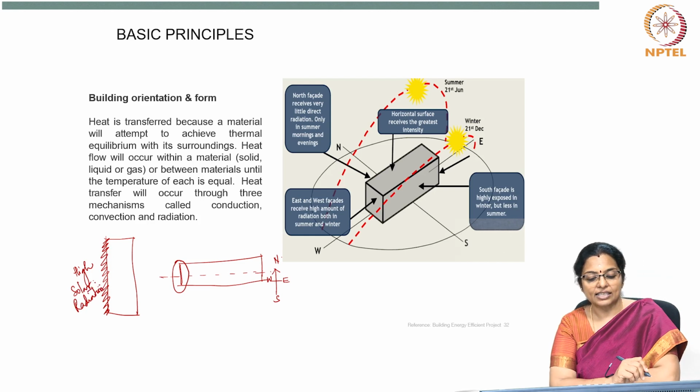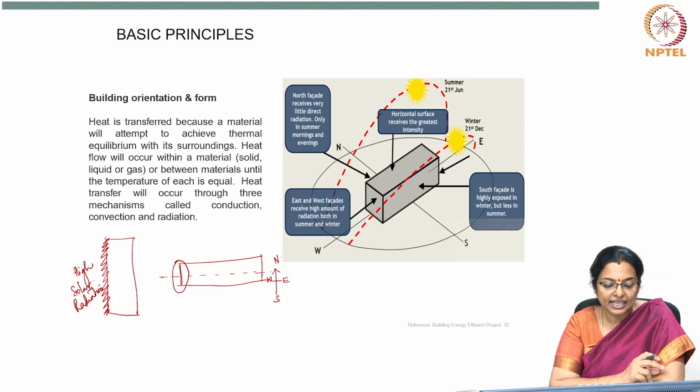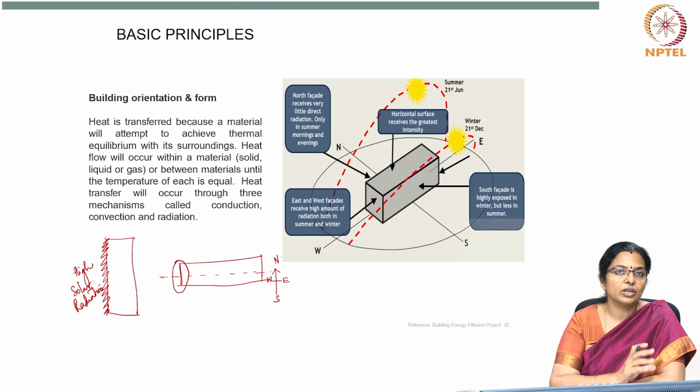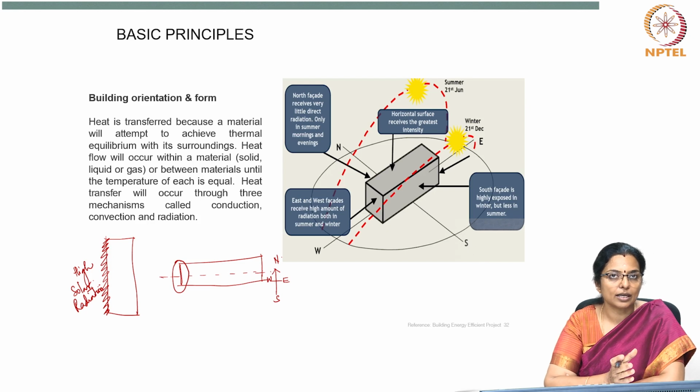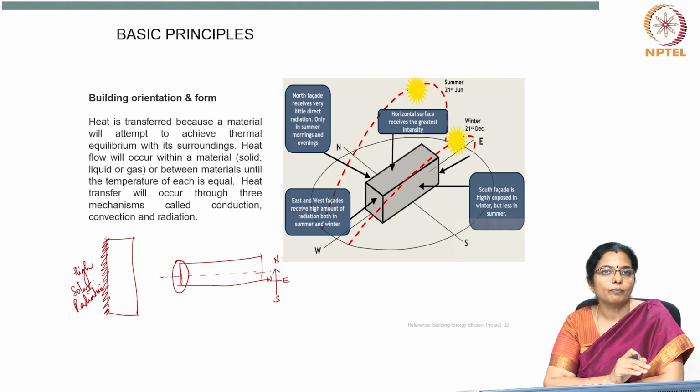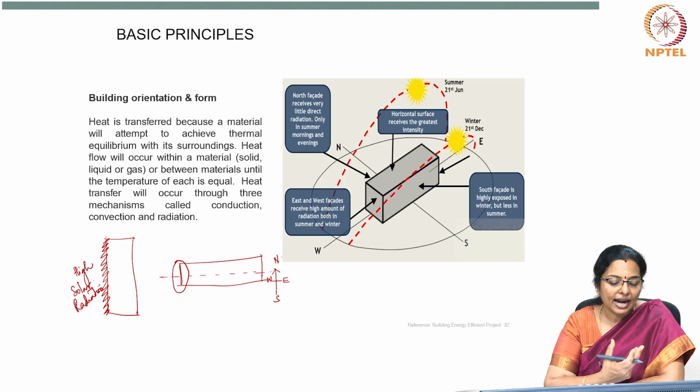So, heat is transferred because this material will attempt to achieve a thermal equilibrium with the surrounding. So, heat flow will occur within the material, whether it is solid, liquid or gas, or between materials until the temperature of each is equal. So, heat transfer will occur through these mechanisms, and in this case it will be primarily conduction.